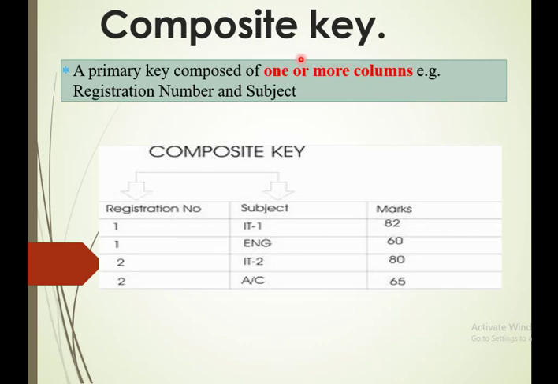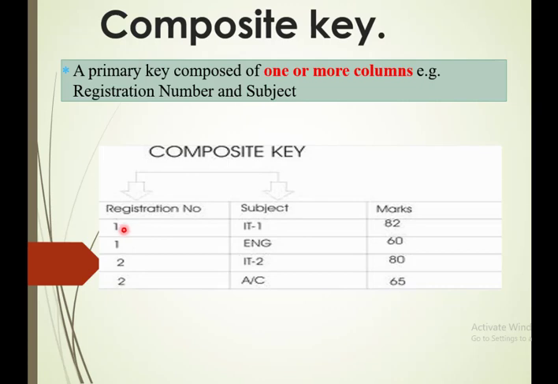We have also what we refer to as a composite key. A composite key is a primary key that is composed of one or more columns. If we look at this particular relation that has the registration number, the subject, and the marks, we are going to see that none of these single fields can uniquely identify the row.